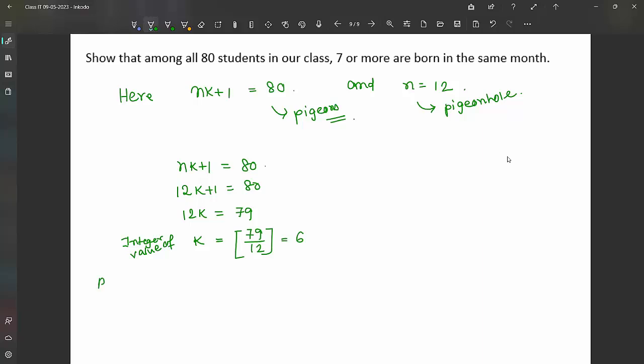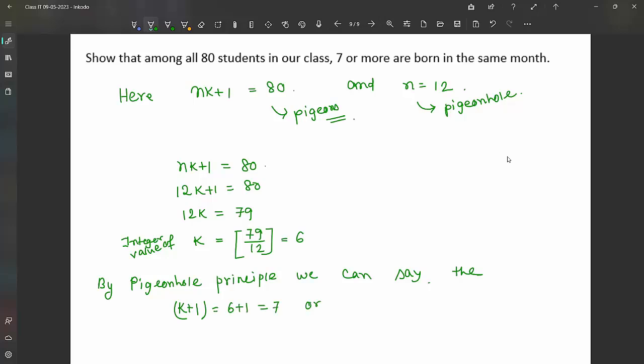That means by the Pigeonhole principle, we can say that k plus 1 is equal to 6 plus 1, which is 7 or more students born in the same month.